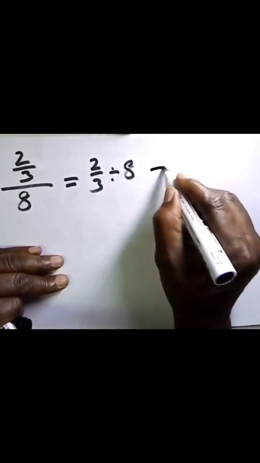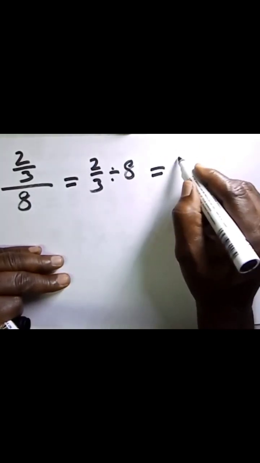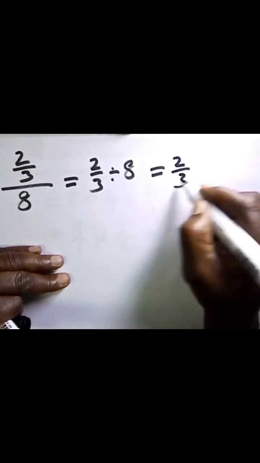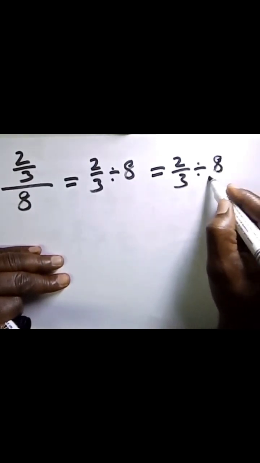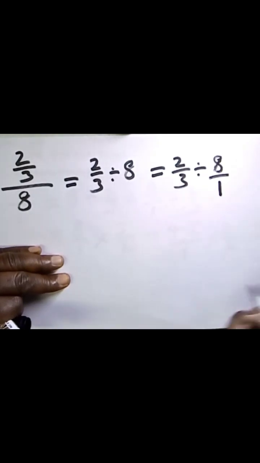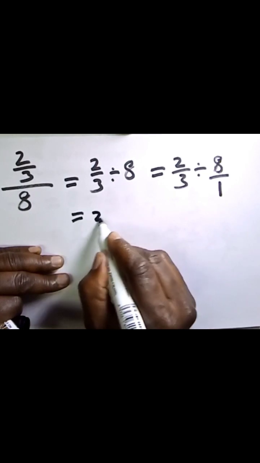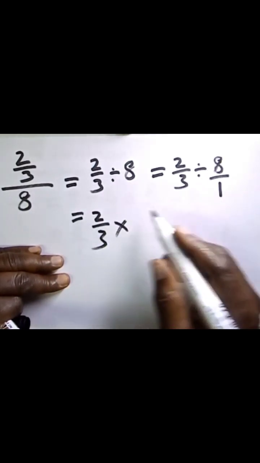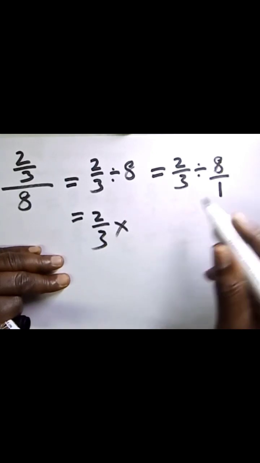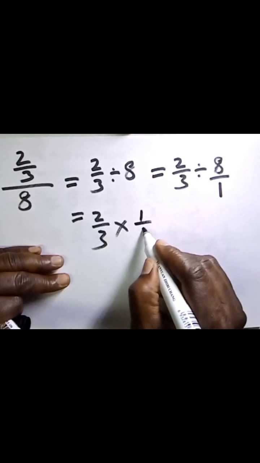And we go ahead to convert this whole number to a fraction, which is 8 all over 1. So keep, change, flip. What we're going to have there is 2/3, change, flip, or take the reciprocal. Instead of 8/1, we'll now have 1/8.